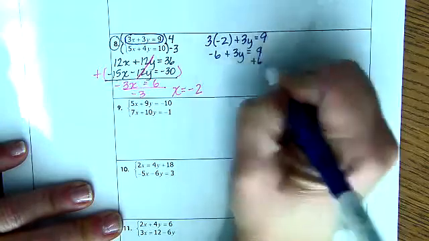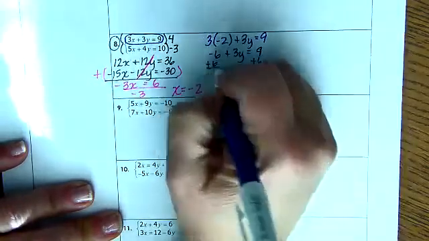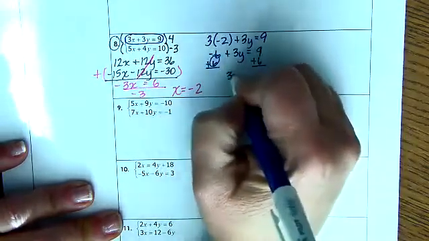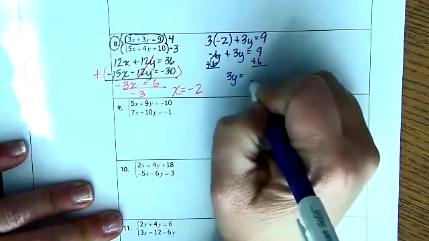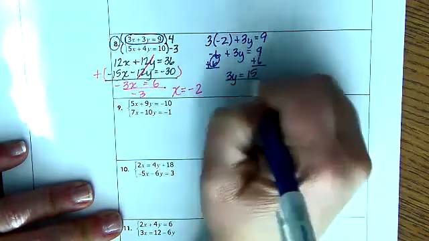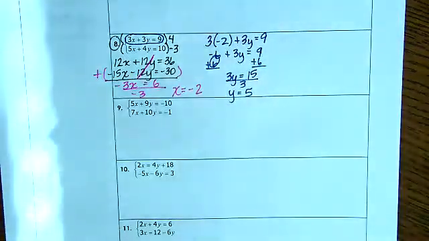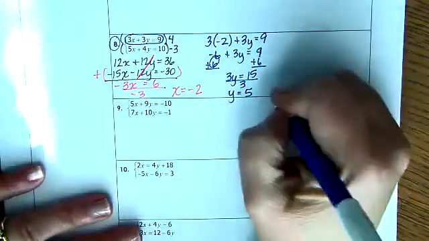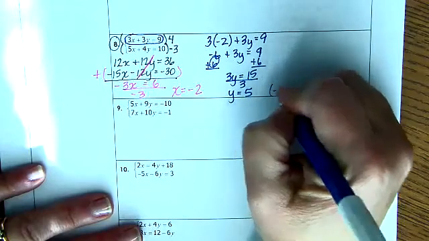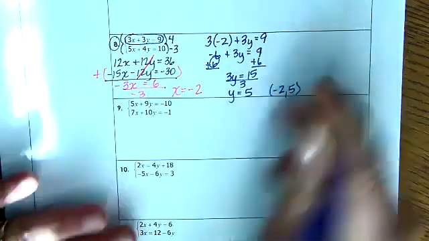So we add 6 to both sides. 3y equals 15. Divide by 3, and y equals 5. So right now I am thinking that my point is -2, 5.